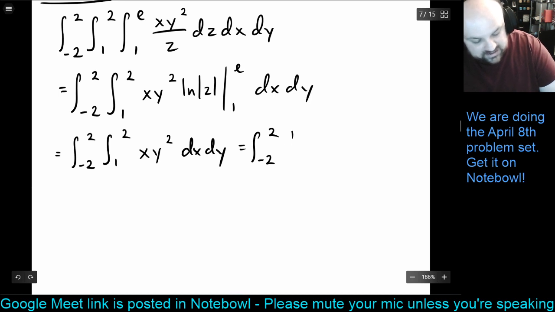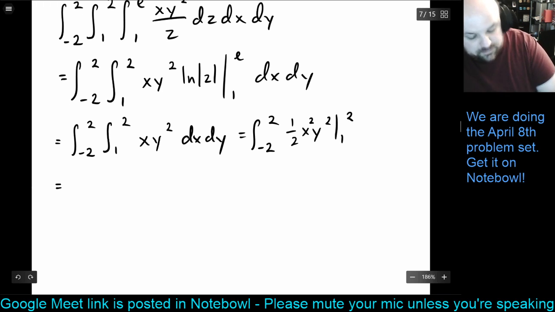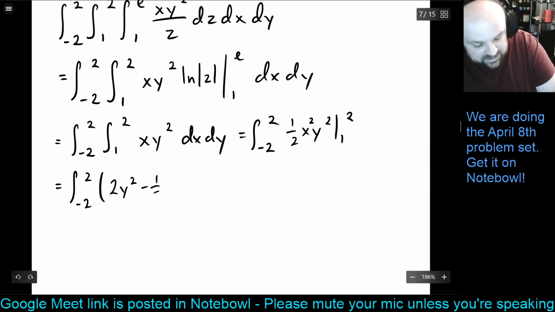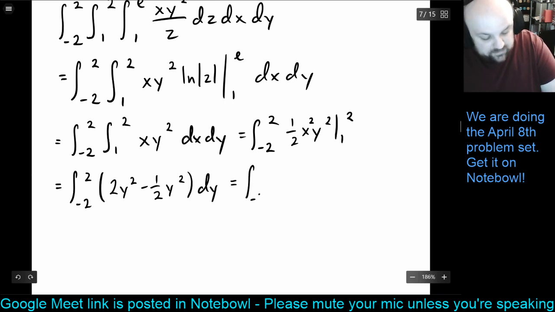With respect to x, we get 1/2 x squared y squared from 1 to 2. So plug that stuff in. This is going to be 2y squared, minus 1/2 y squared dy. So we're integrating from minus 2 to 2, 3/2 y squared dy.